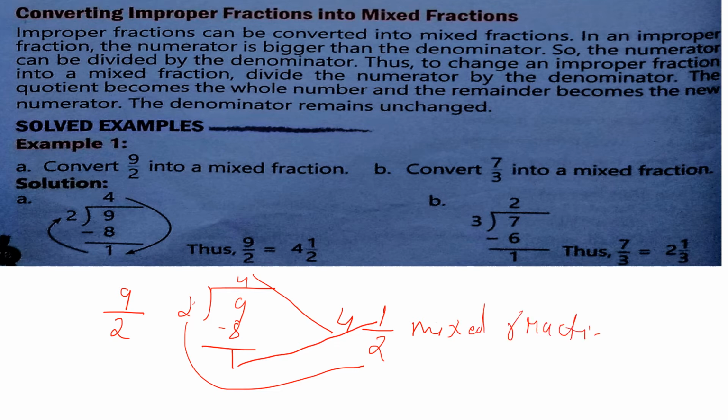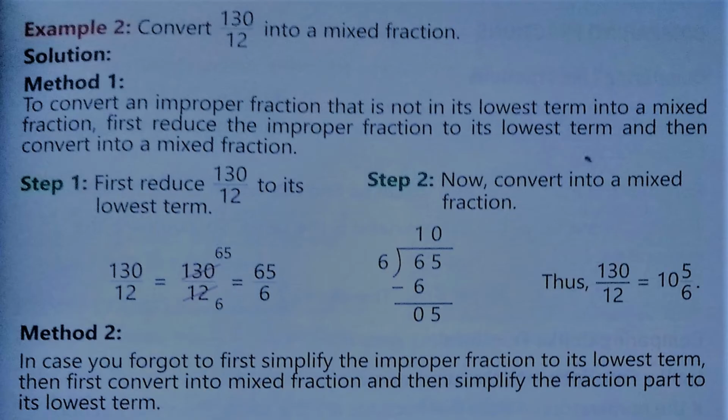Got it? Now, two methods are given here. Method 1, to convert an improper fraction that is not in the lowest term into a mixed fraction: first reduce the improper fraction to the lowest term and then convert it into a mixed fraction.